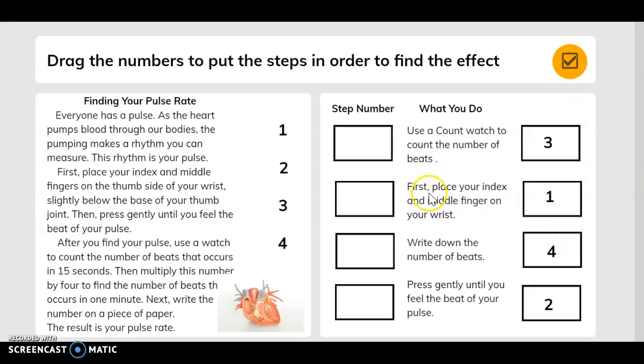First thing we do is we first place your index and middle finger on your wrist. The next thing that we'll do is we press gently until you feel the beat of your pulse. The third step is use a count watch to count the number of beats. And the last step, 4, is to write down the number of beats.